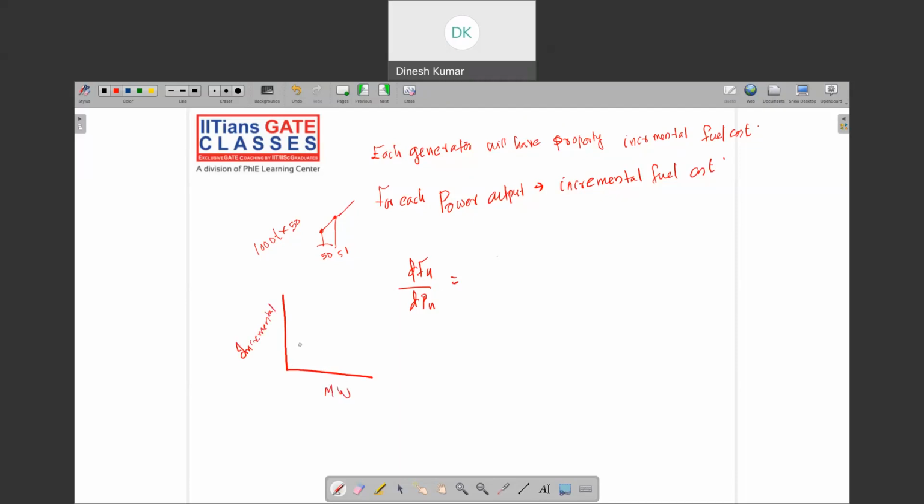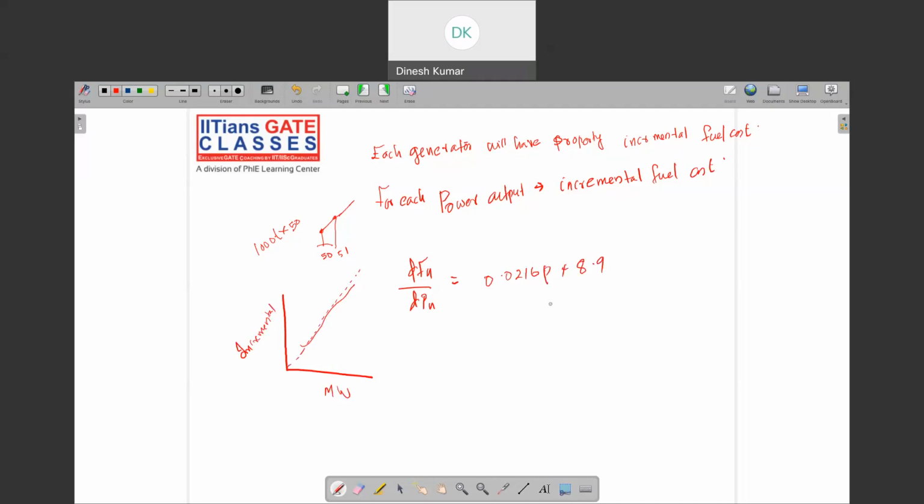If the curve is something like this, then we will assume a nearest straight line. So for example, we can write something like 0.02 P plus 8 point something, where this will be the y-intercept. So it will be touching here at a particular y-intercept.